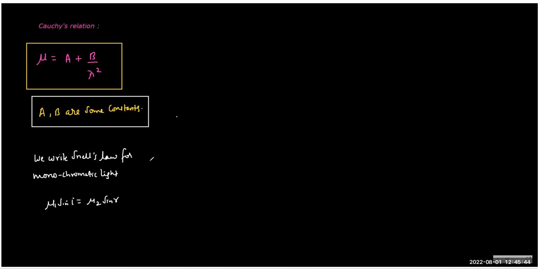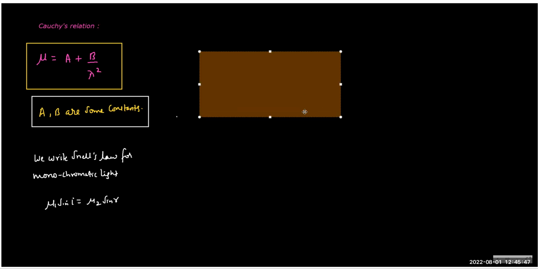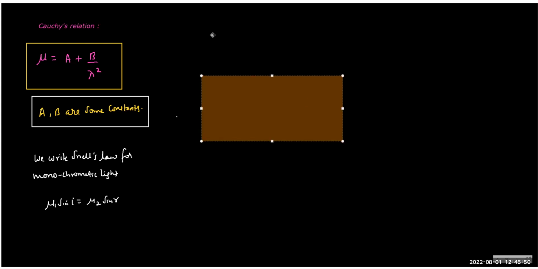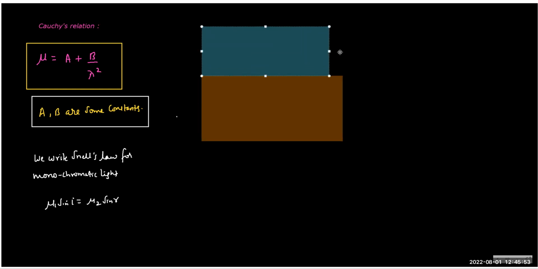So what do we write here? Because we are going from denser to rarer medium, and if we talk about the critical angle, you can write Snell's law here as mu denser sin critical equals mu rarer.